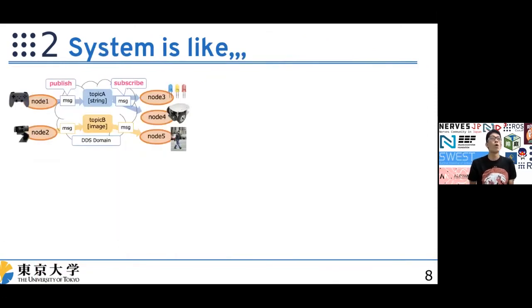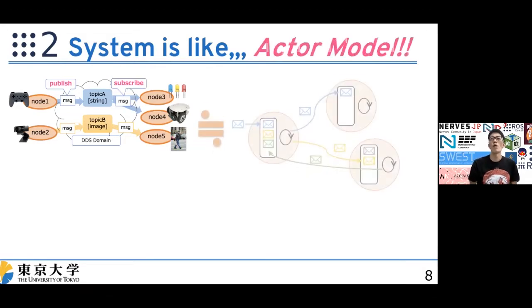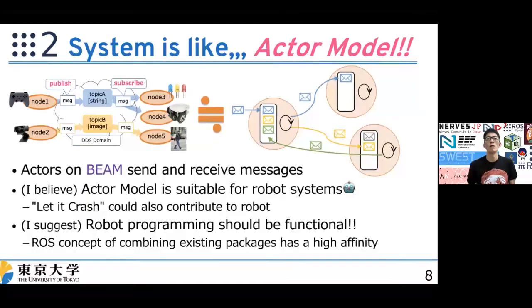By the way, what did you think when you saw the ROS system model? As I mentioned above, one of the most important benefits is that we can construct a loosely coupled system by combining ROS nodes through topics. I think it is like the actor model. In the actor model, actors send and receive messages in parallel to realize concurrent processing.